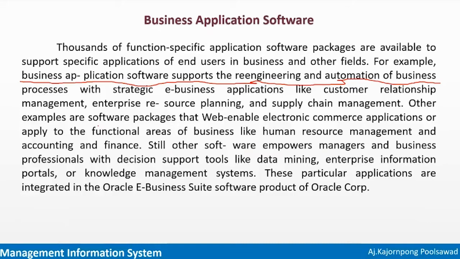We also have software packages that enable web electronic commerce applications to connect from online to offline and offline to online. So the program connects the data among them, O2O.